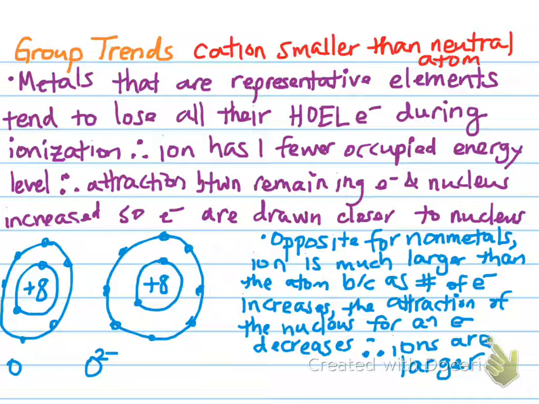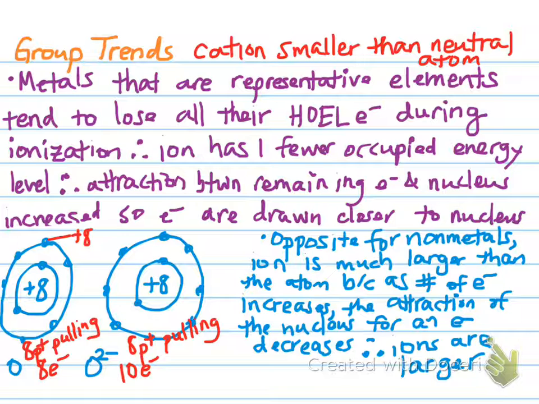Here again, my pull is plus 8. I have 8 protons pulling 8 electrons, a 1-to-1 pull. In oxygen as an ion, I have 8 protons pulling now 10 electrons. And because the protons are trying to pull more electrons, they're not going to hold those electrons as tightly.